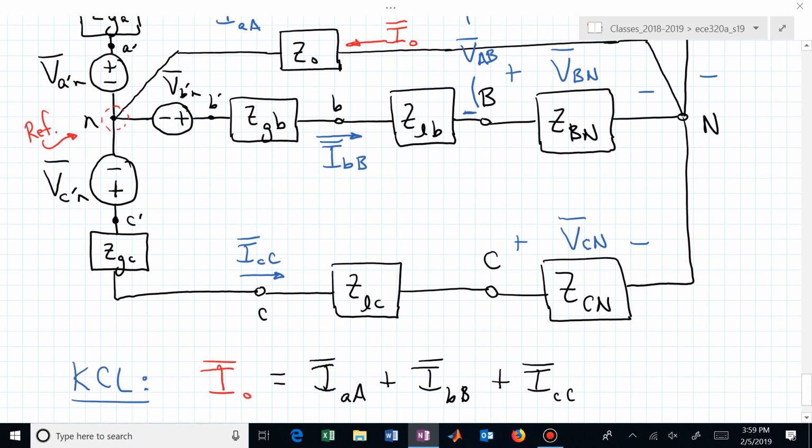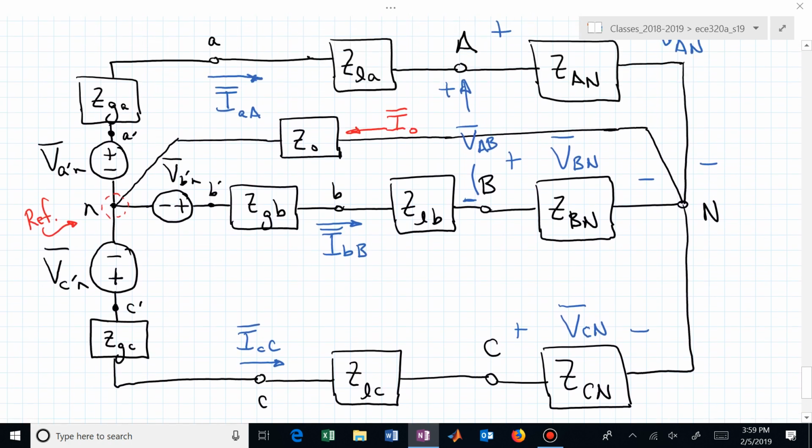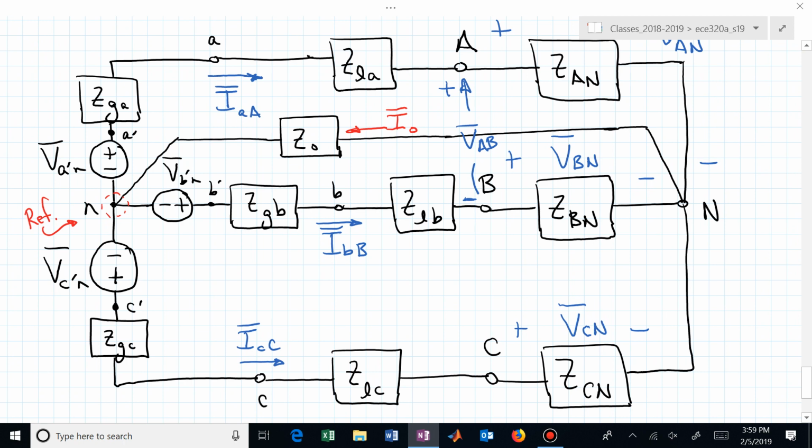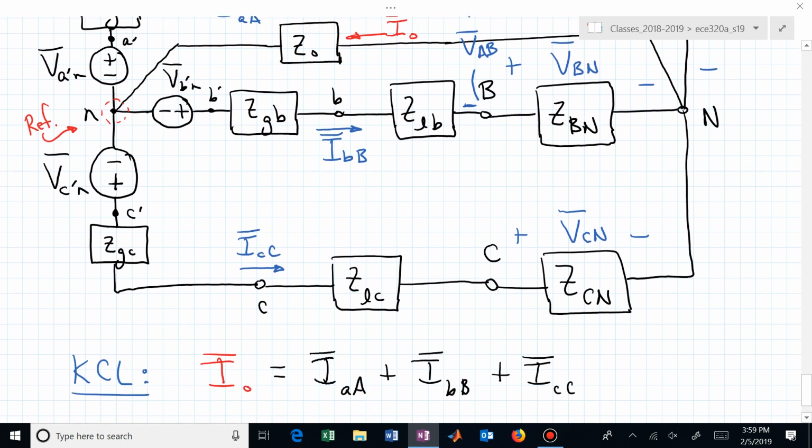If we now perform KCL at the reference node, what do we know about I sub 0, the current in the neutral conductor? If these are now a set of balanced currents, what can you see?